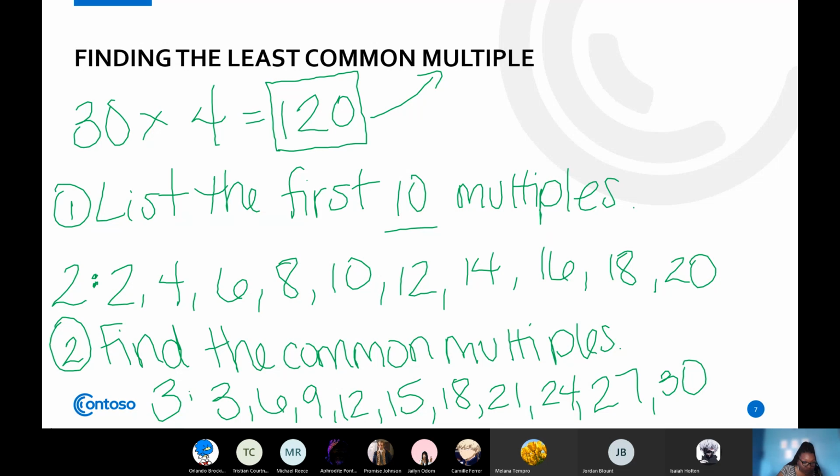So I'm going to circle in orange, a color that we can still see, okay? Let's circle the common multiples that they both share. They both share the 6.